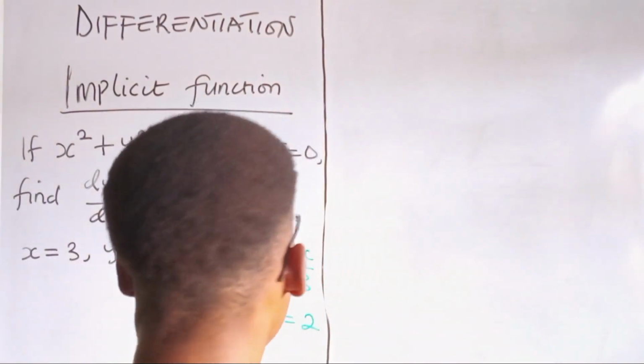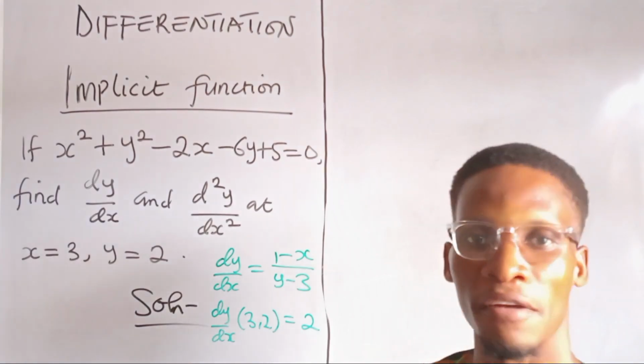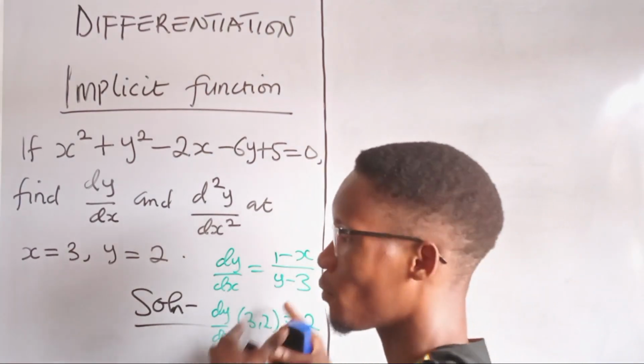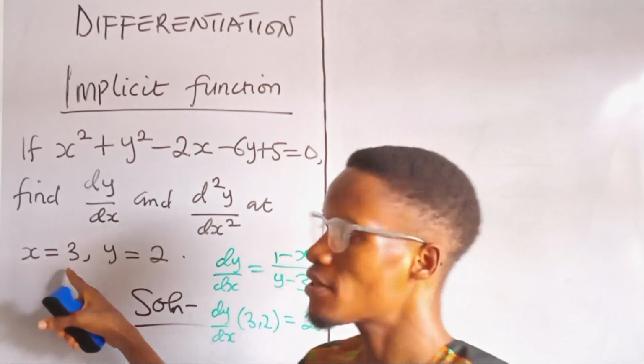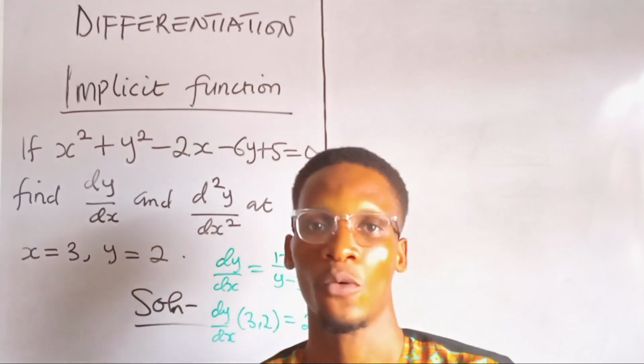So the next one says we need to find the second derivative of this particular problem, at x equals 3 and y equals 2.